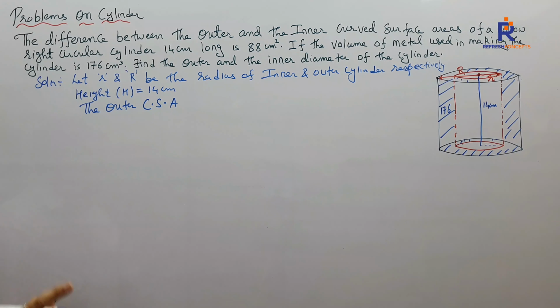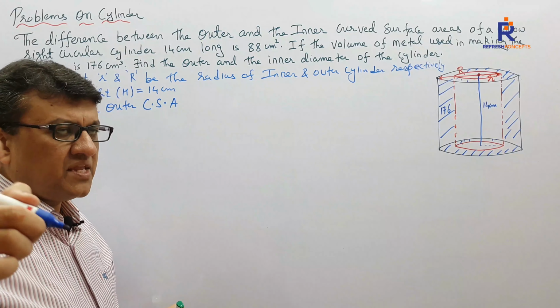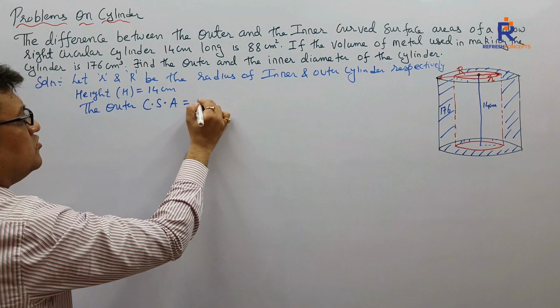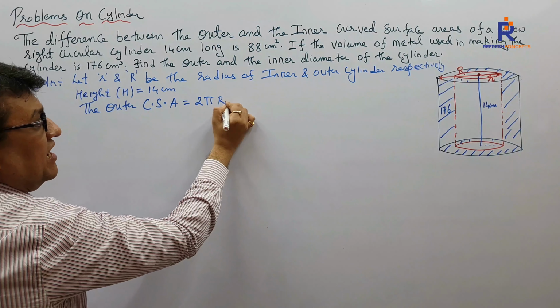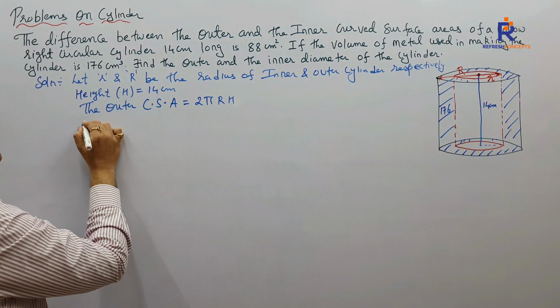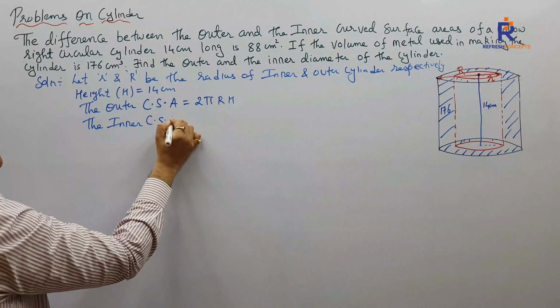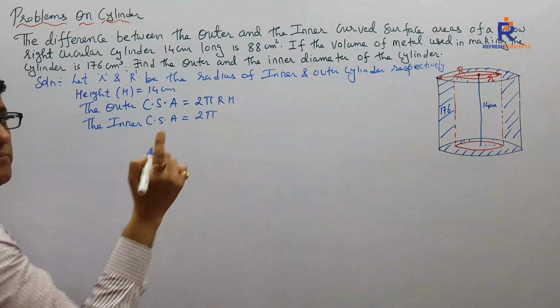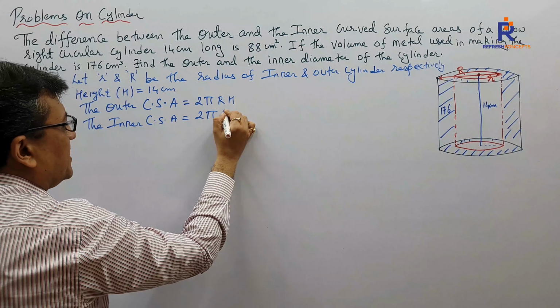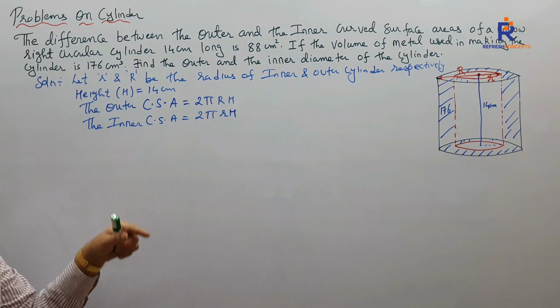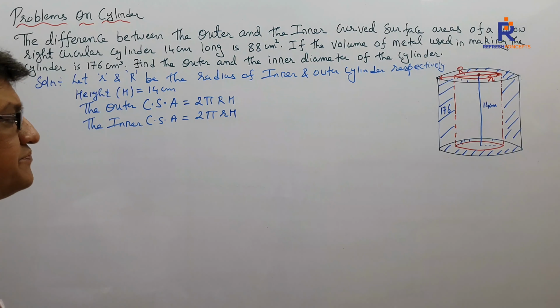The outer curved surface area, the formula is 2 pi RH, so it's 2 pi capital R, capital H. The inner curved surface area is 2 pi, but what is the difference? Instead of capital R, small r, capital H, as we have stated, H is the same.